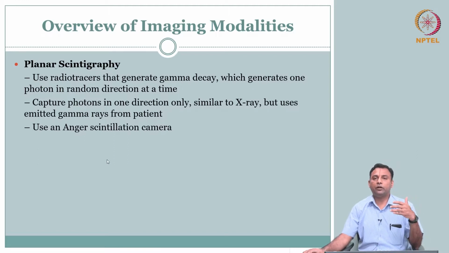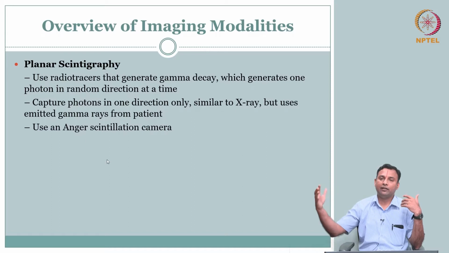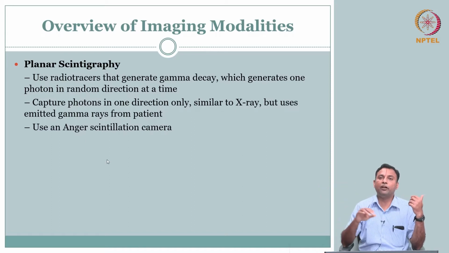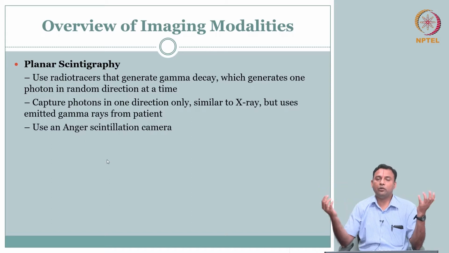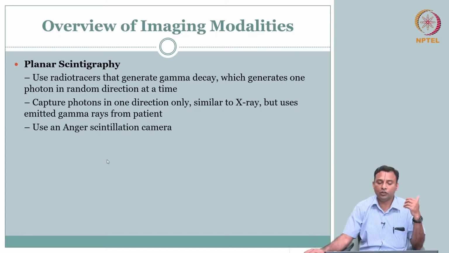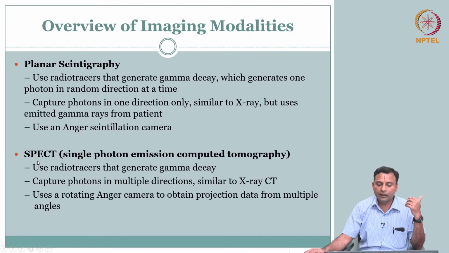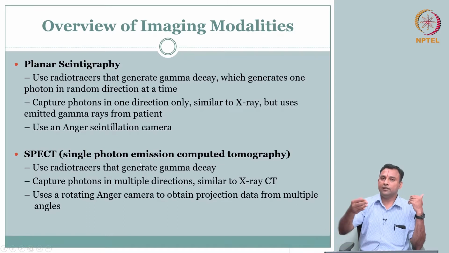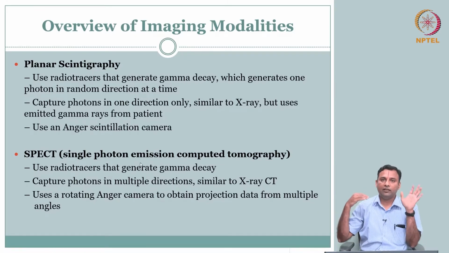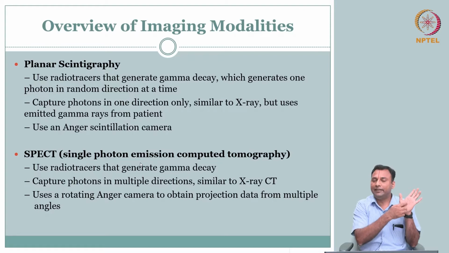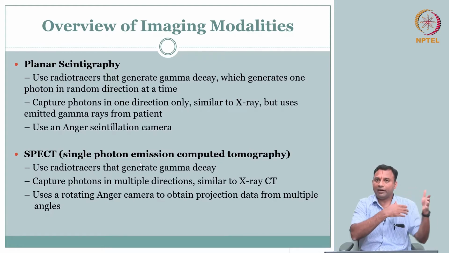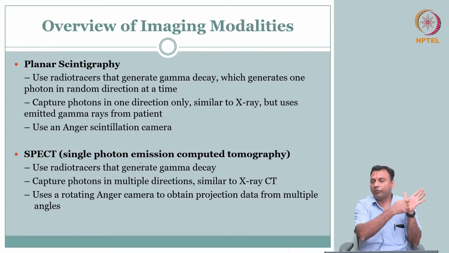Therefore we could think: what if I take the detector from different views? I could do reconstruction, I could do tomography. So when you do that, you get single photon emission computed tomography. Why is the name single photon? Because this gamma ray photon is coming and you are detecting it on one side, whichever angle you are keeping it, it is coming and falling on the detector.